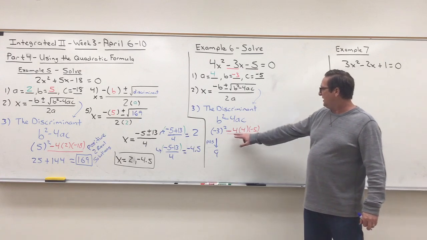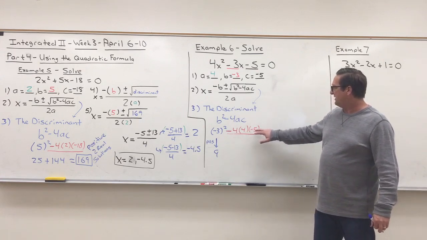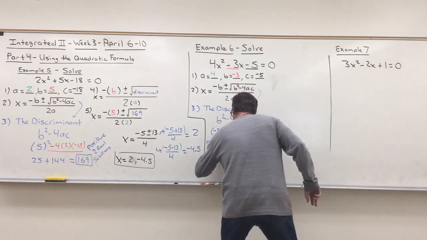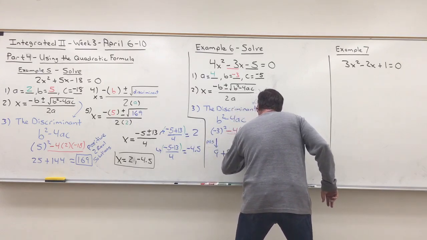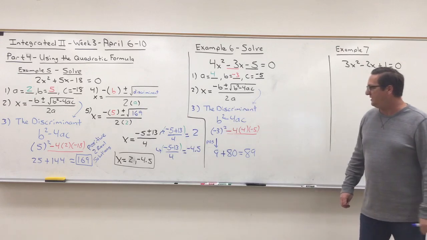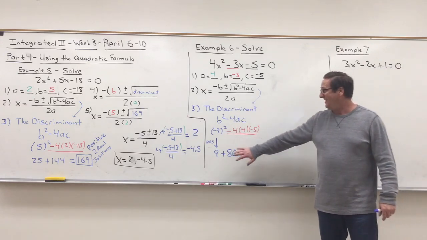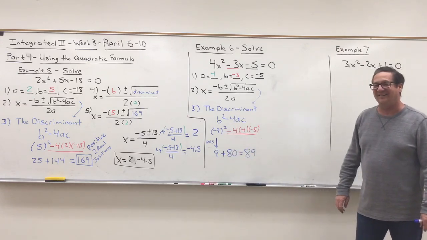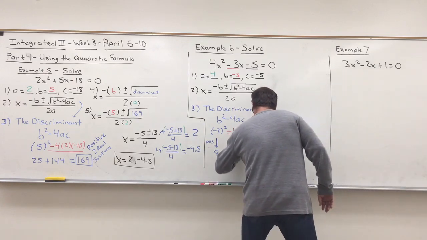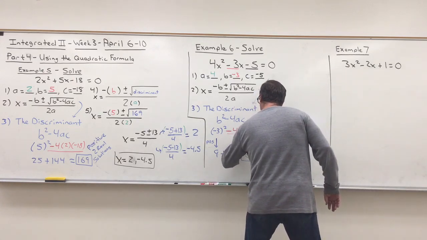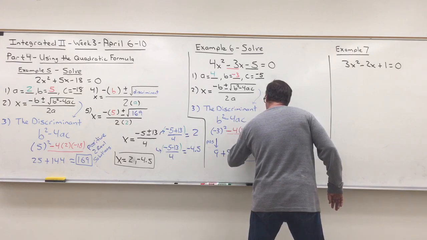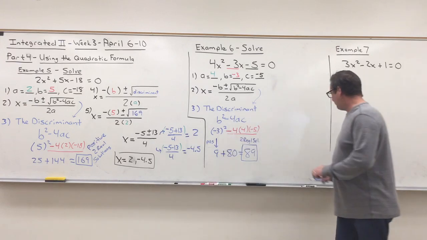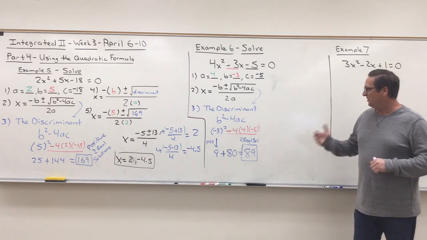And if we do negative 4 times negative 5, we get 89. Well, excuse me, we get 80, and then 9 plus 80 is 89. And so that is going to give us 2 real solutions.